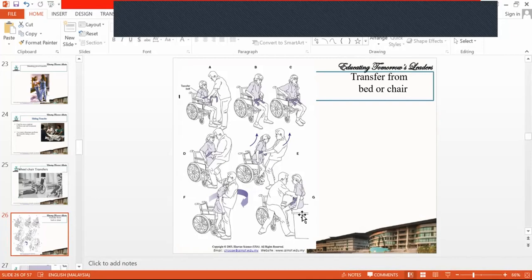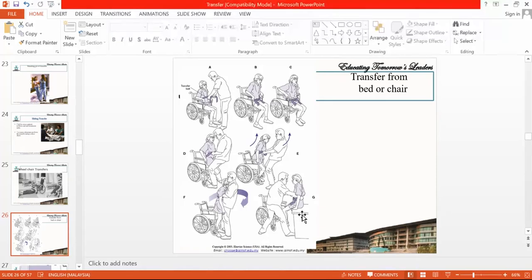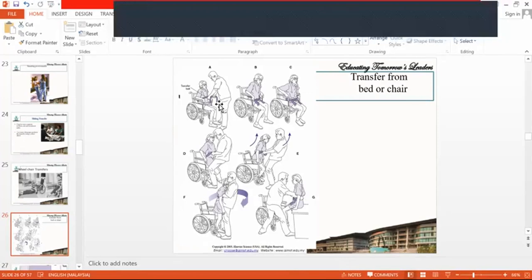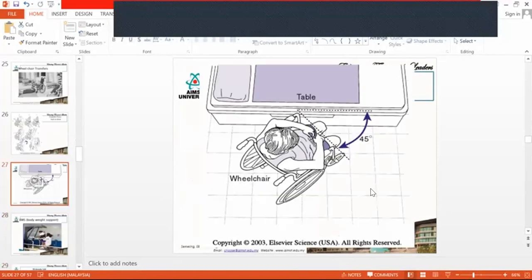Sometimes a female therapist needs to transfer a male patient, or a male therapist needs to transfer a female patient, and they might have difficulty holding on the waist. So instead of holding on the waist, you can use this transfer belt, also called the trochanteric belt, and you will be able to transfer the patient.